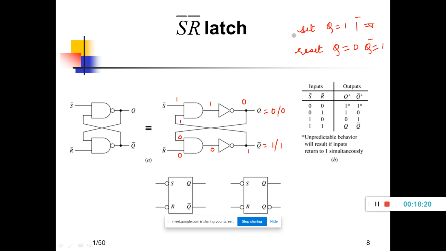Always remember students, setting the latch means Q is 1, Q bar is 0. Resetting the latch means Q is 0, Q bar is 1. So whenever I apply S bar 1 and R bar 0, that time Q will be 0 and Q bar will be 1. So having S bar equal to 1, it will reset the latch.